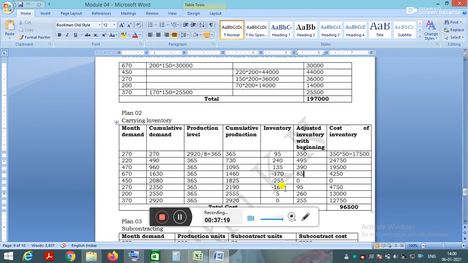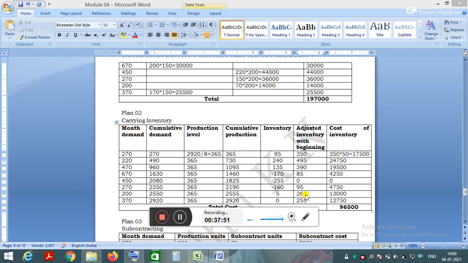Minus 160 plus 255 becomes 95. Plus 5 plus 255 is 260.